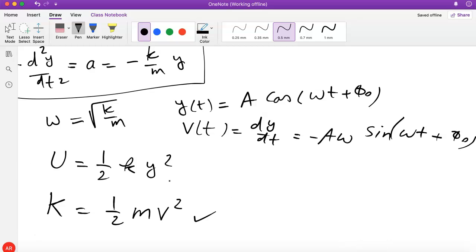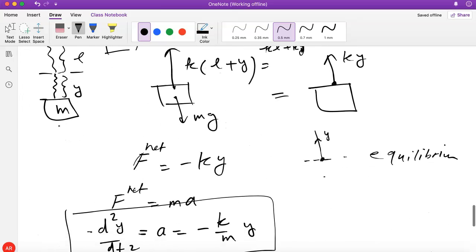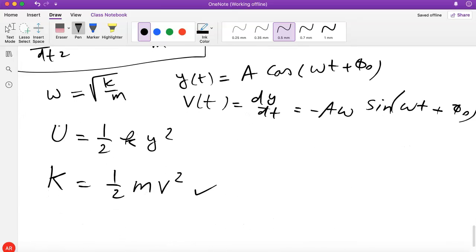However, this needs a little bit more thought, right? Because the energy that's stored in the spring is, of course, more than that. The spring is stretched, if y is negative, like if you pull it down from the equilibrium position like that, there's more energy stored in the spring because it's stretched by some length that's larger.